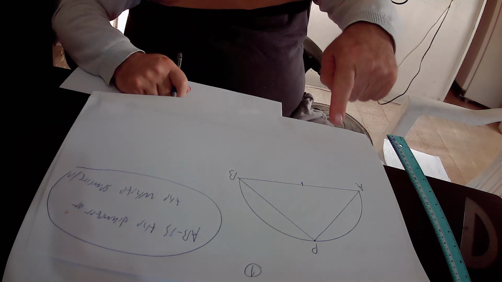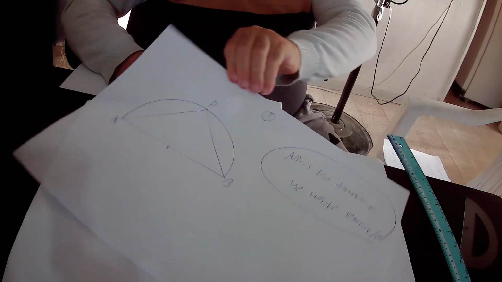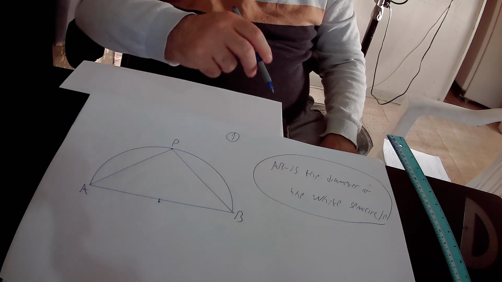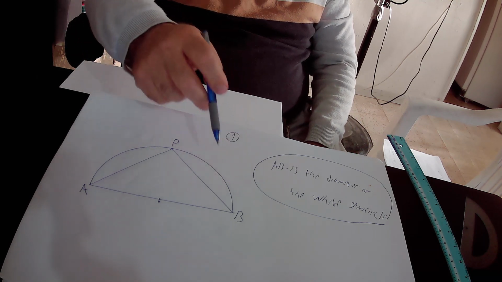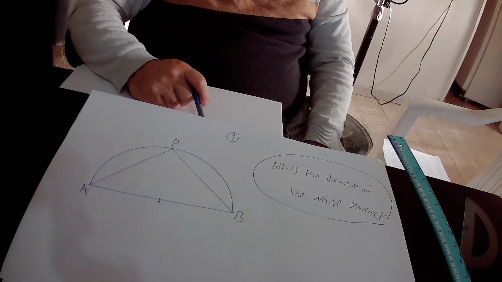Actually, by joining points P and B together by a straight line, we created here peripheral angle APB. This is peripheral angle APB, and it is subtended on AB, that is the diameter of this semicircle, and therefore we can implement here rule 7.